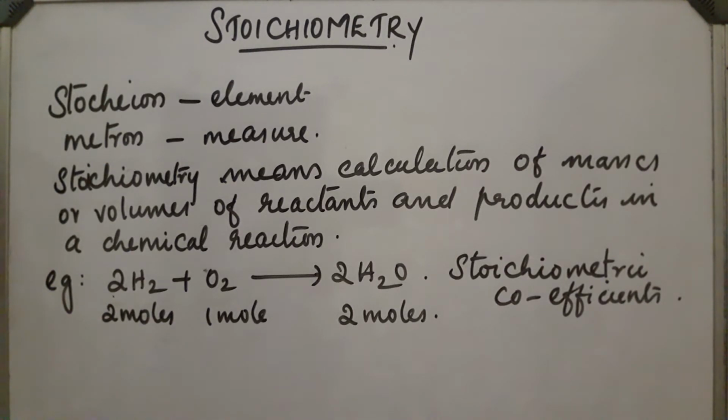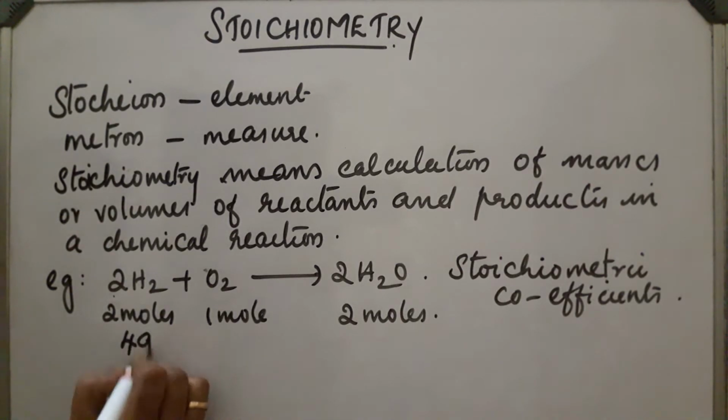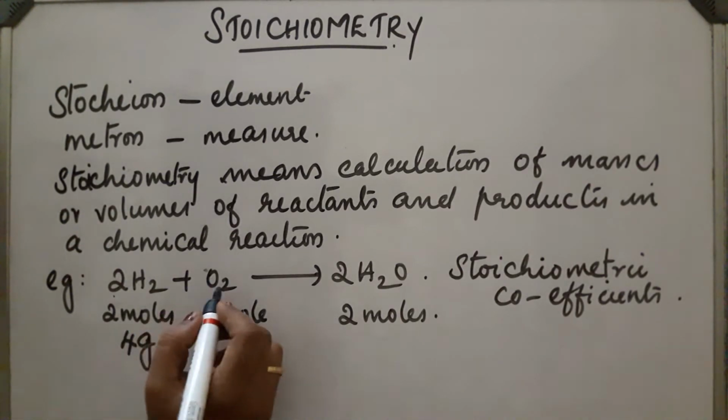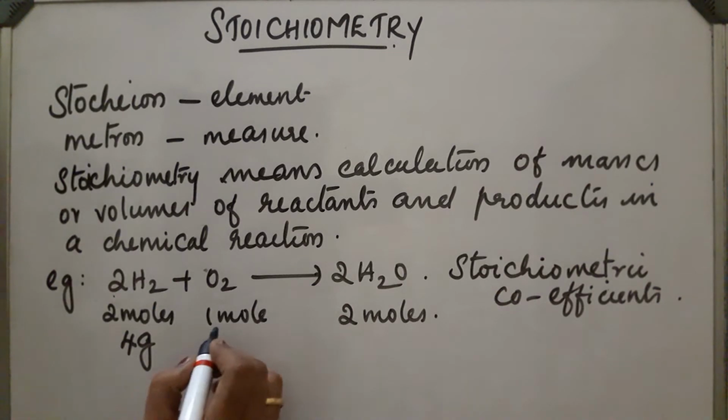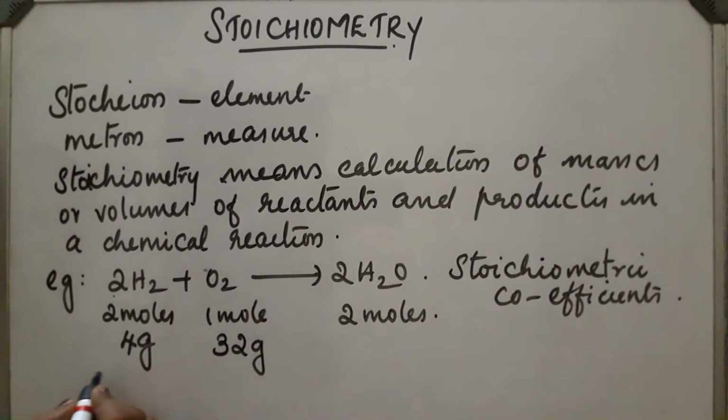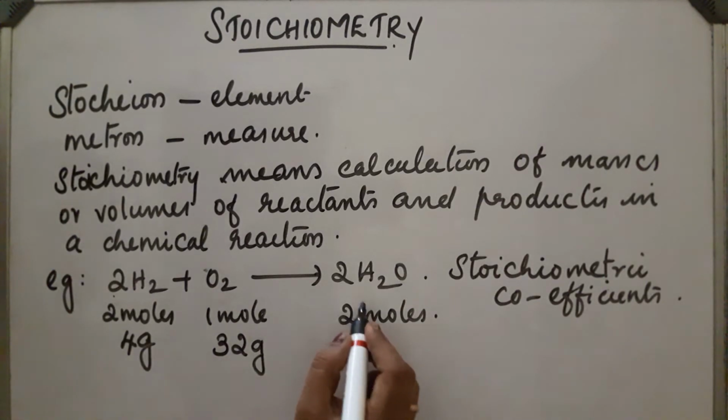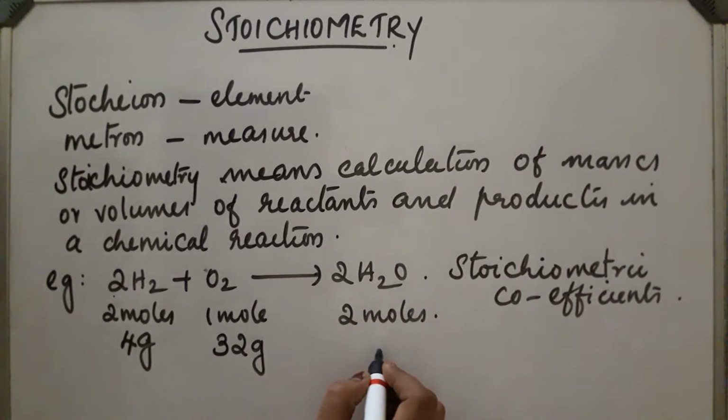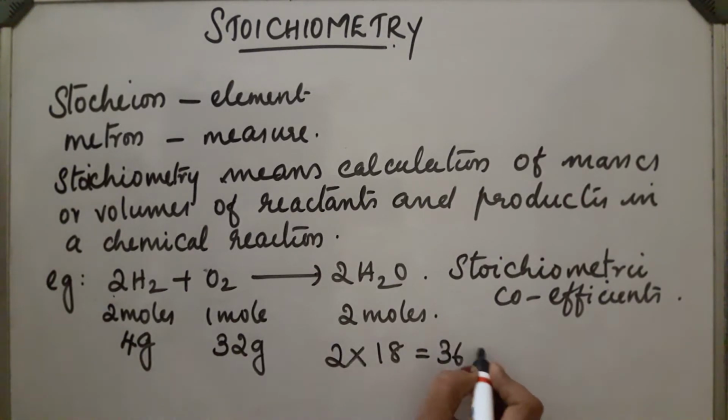One hydrogen molecule has a mass of 2 gram. So 2 moles means 4 gram of hydrogen is taken, and in the case of oxygen, the oxygen molecule mass is 32 gram. So 4 gram reacts with 32 gram to give water, whose molar mass is 18. So 2 into 18 is equal to 36 gram.